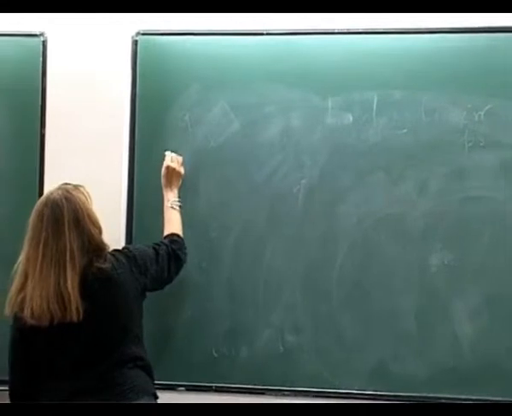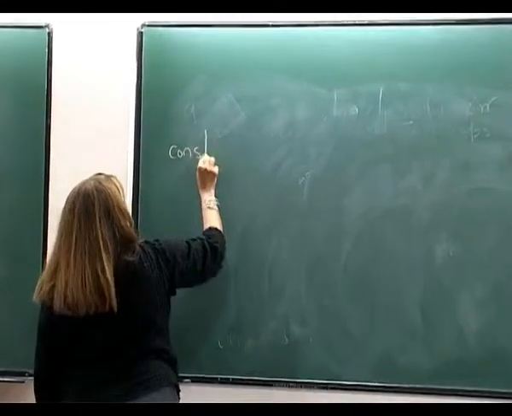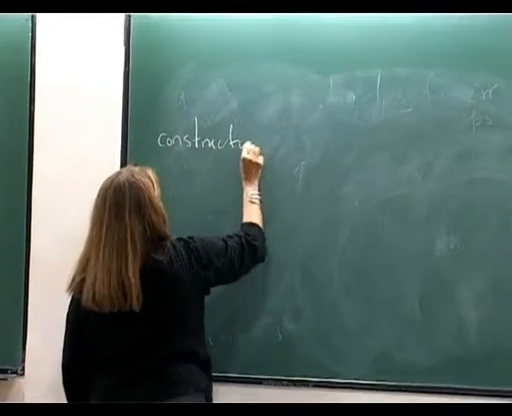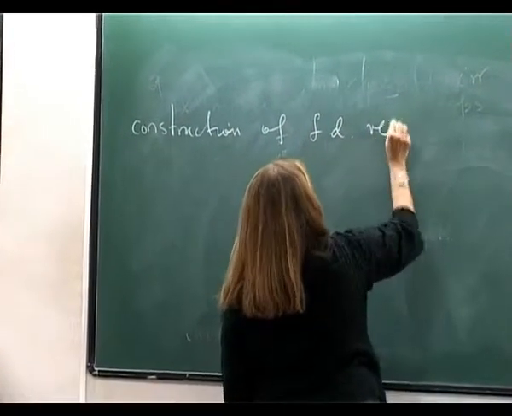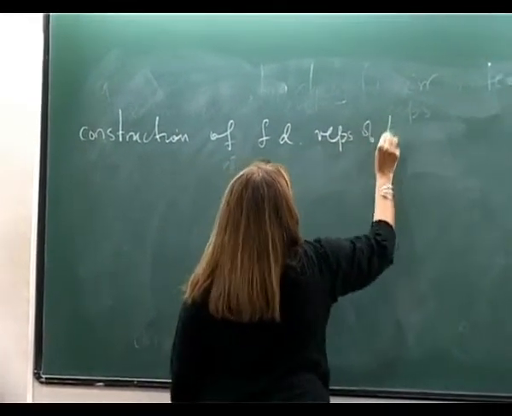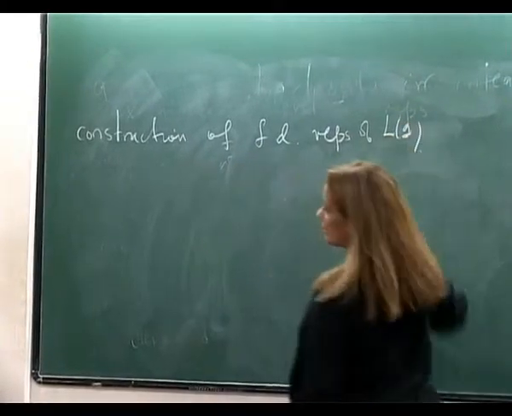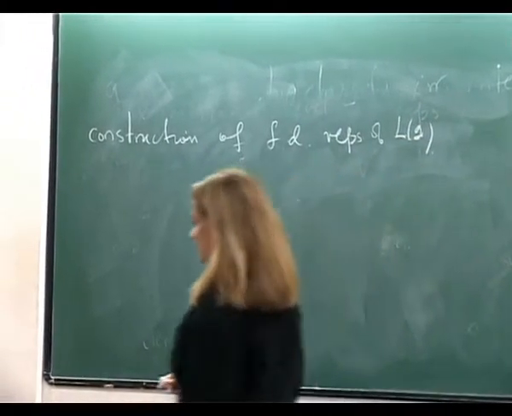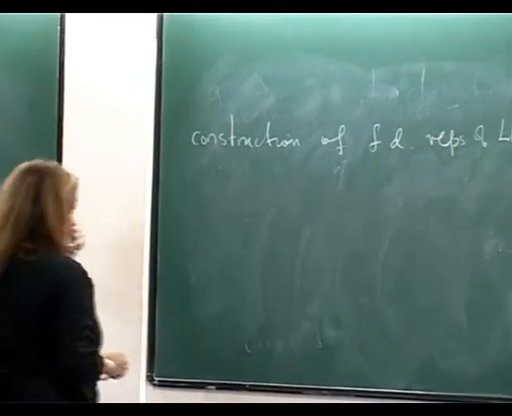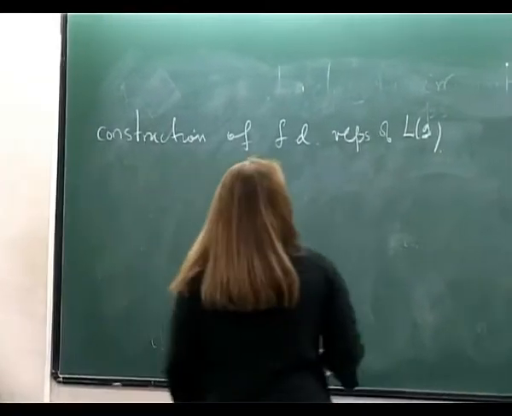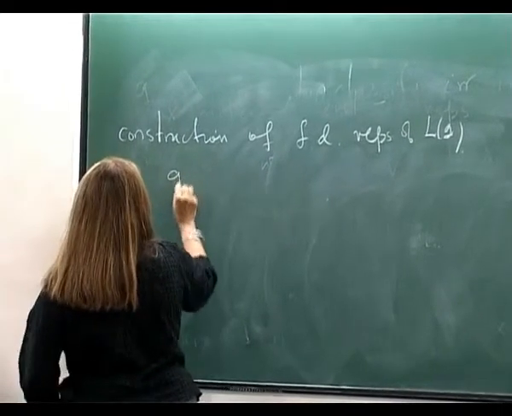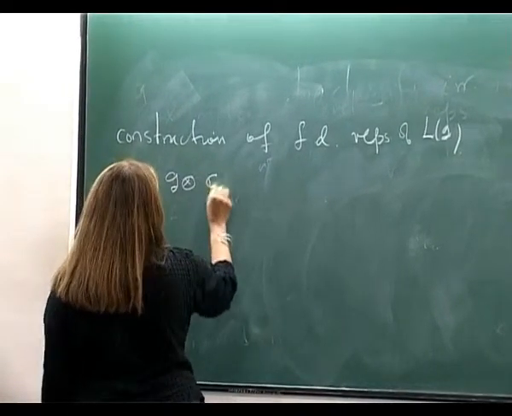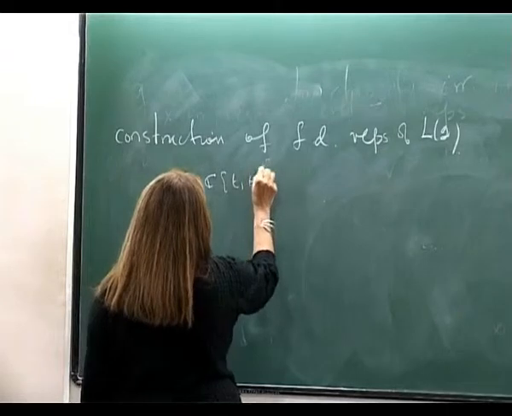So let's look at the construction of finite dimensional representations of LG. We've agreed now that what we want to do is to understand finite dimensional representations. So how should we construct them? Well, LG is G tensor C[t, t inverse], right? So this is a polynomial.